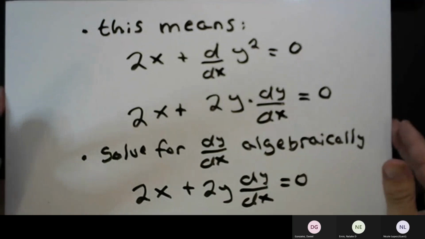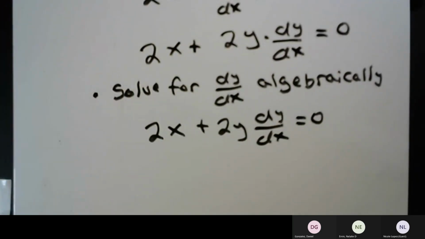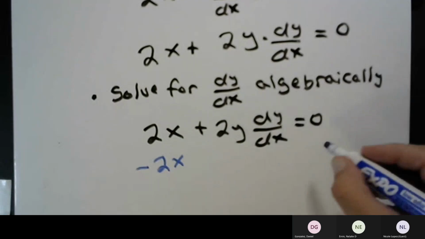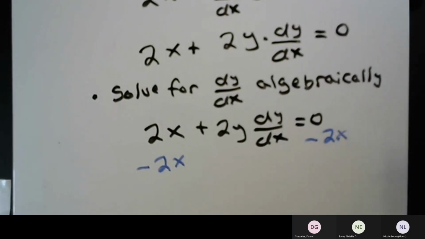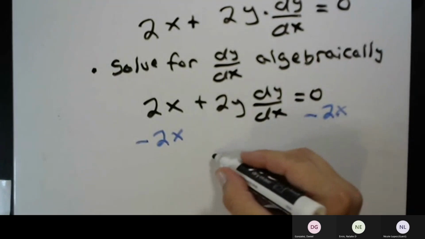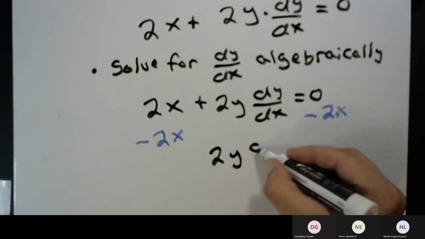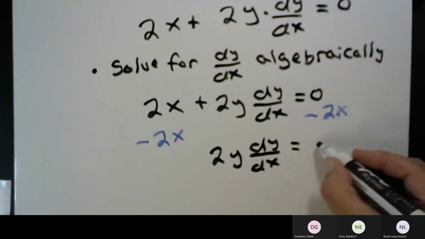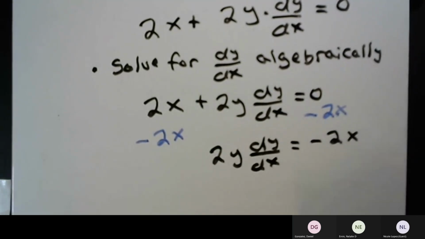And then we'll just subtract 2x from both sides. So we get 2y dy/dx is negative 2x.